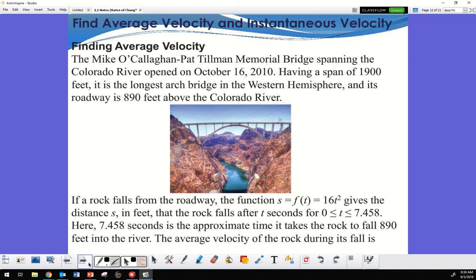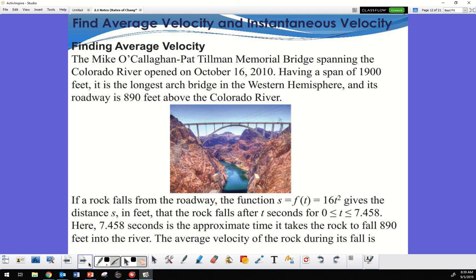If a rock falls to the roadway, the function S, which normally applies to distance, in all my functions S is referring to distance, is equal to f of t, which is 16t squared, gives the distance in feet. And the rock falls after t seconds between 0 and 7.458. Here, it takes this long, approximately, to fall the 890 feet into the river.